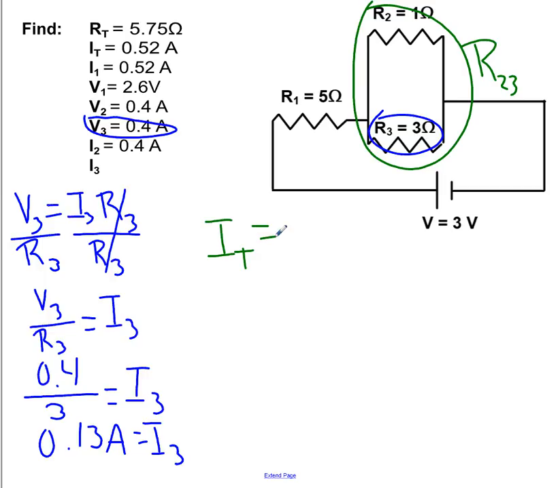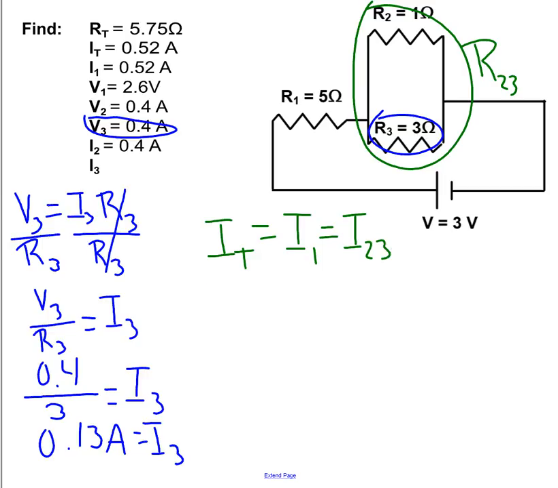was equal to the current at resistor 1, which is also equal to the current at resistor 2, 3.